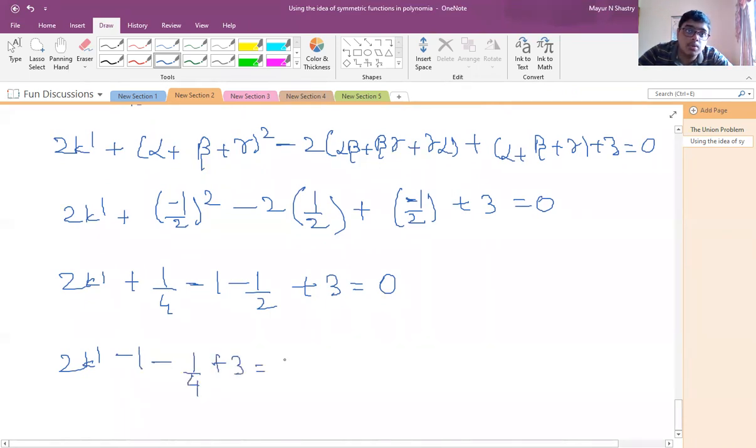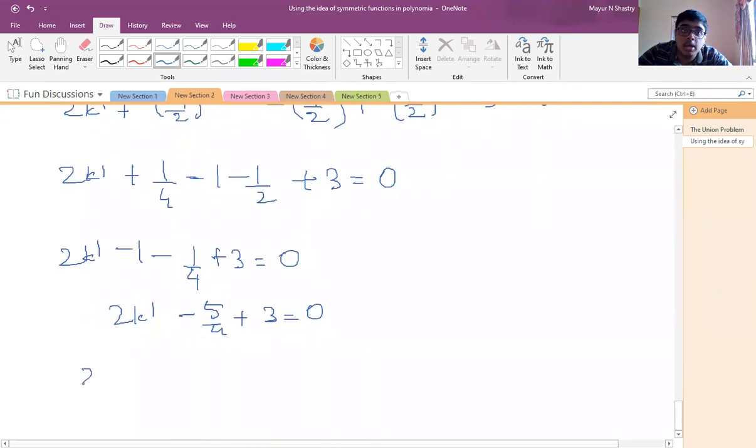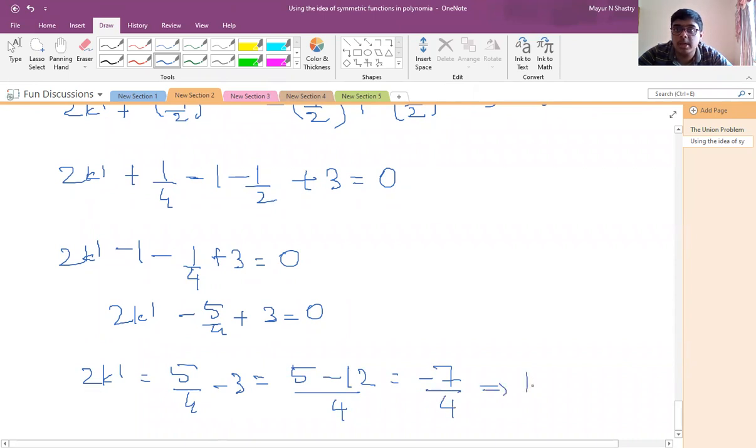Then plus 3 equals 0. So we get 2k dash minus 5 by 4 plus 3 equals 0. And we get that 2k dash is in fact 5 by 4 minus 3. That is going to be 5 minus 12 divided by 4. So that's going to be minus 7 by 4. So what's going to be k dash? It's going to be minus 7 by 8.